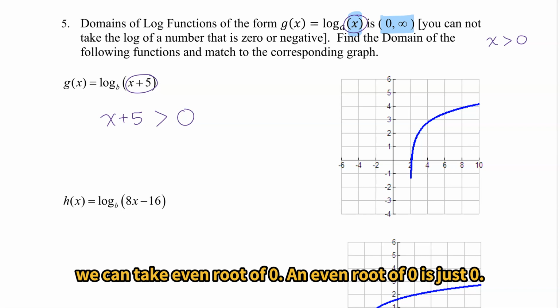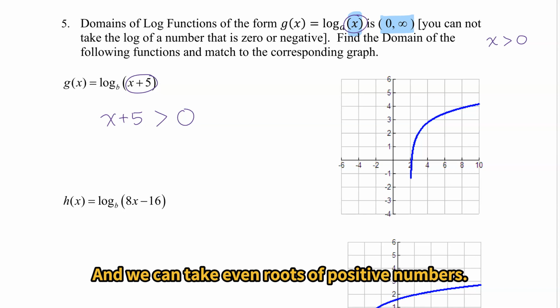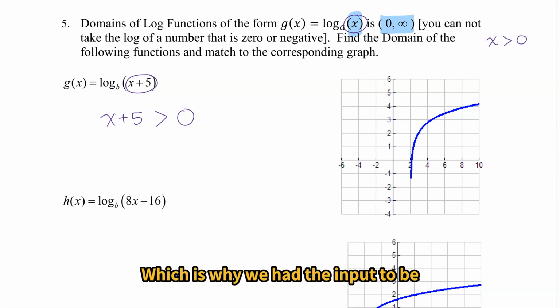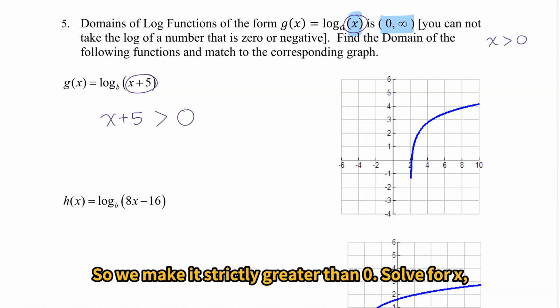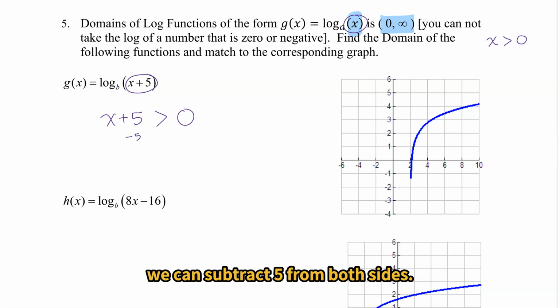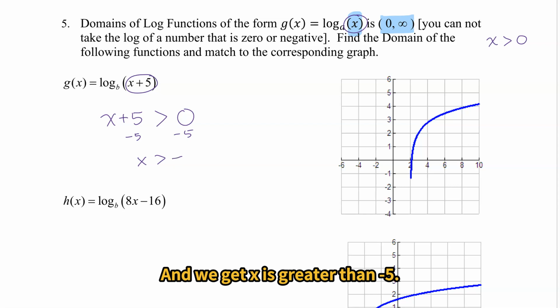We can take even roots of 0. An even root of 0 is just 0. And we can take even roots of positive numbers, which is why we had the input to be greater than or equal to 0. But for logs, we cannot take log of 0, so we make it strictly greater than 0. Solve for x, we can subtract 5 from both sides, and we get x is greater than negative 5.